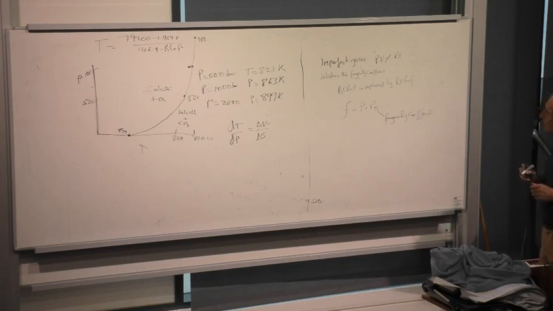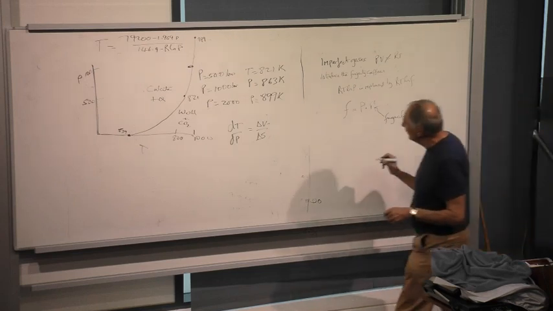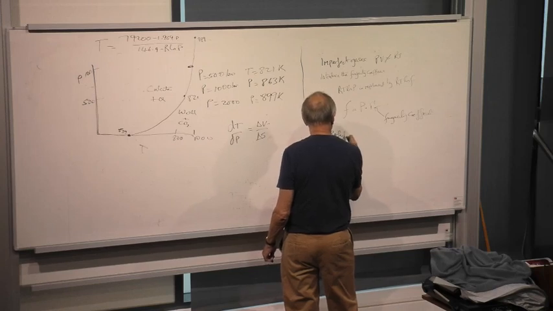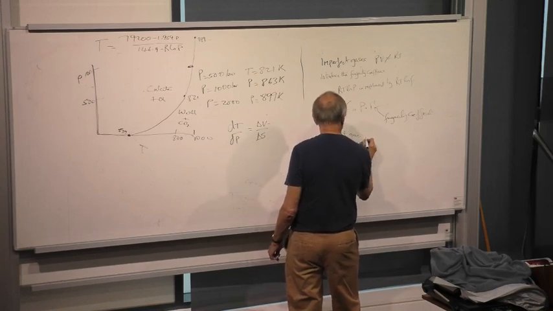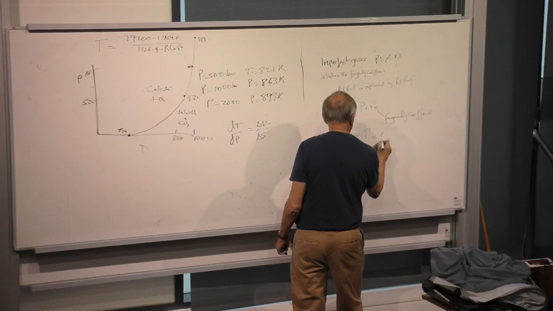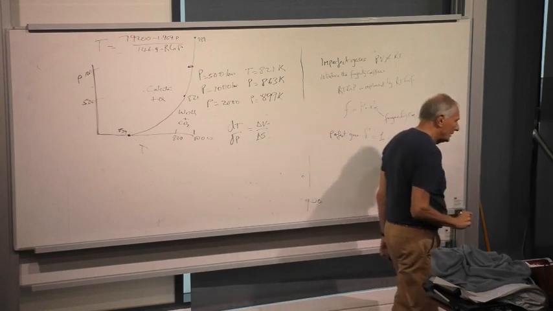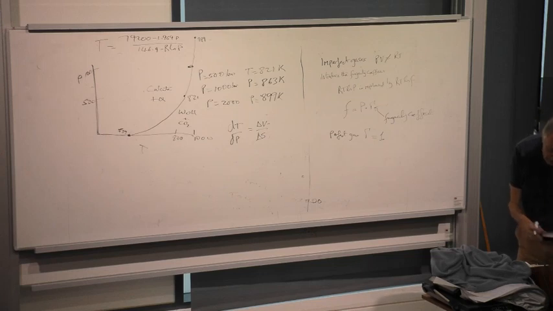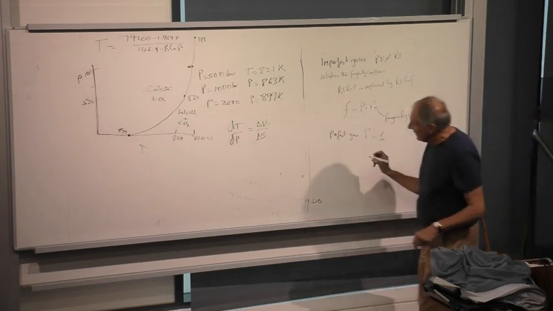So for a perfect gas, what's the fugacity coefficient? 1, exactly. So for a perfect gas, capital gamma is 1. Real values for things like water and CO2: capital gamma for CO2, I have a value here.